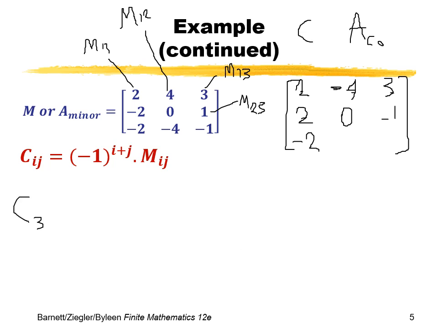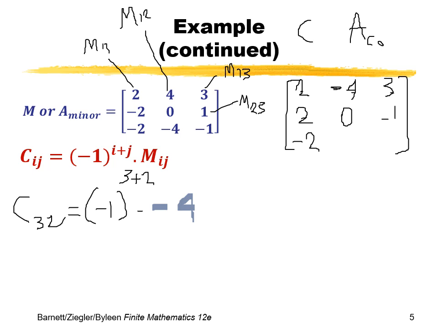C32, third row second column, negative 1 by power 3 plus 2 times M32, which is negative 4.